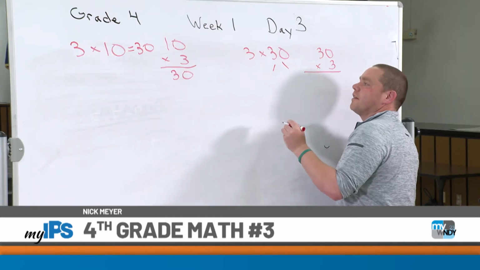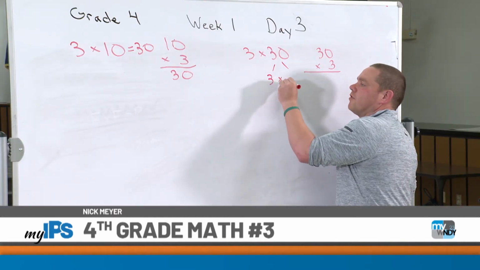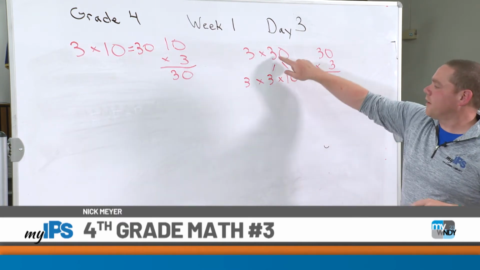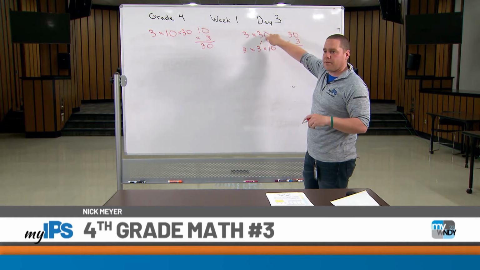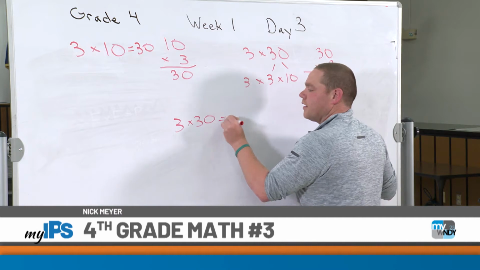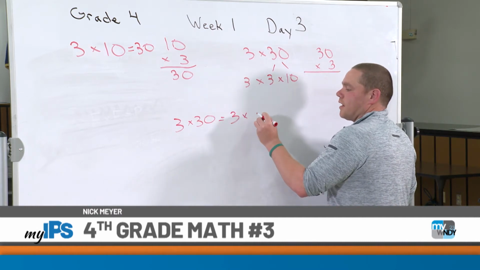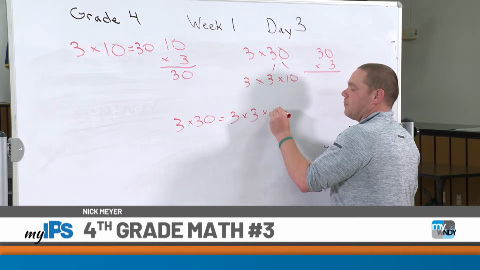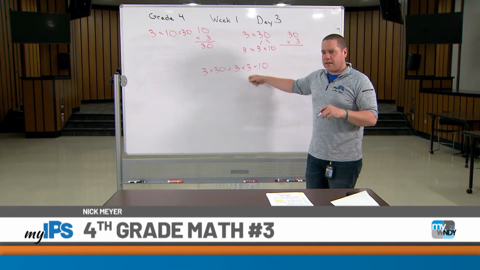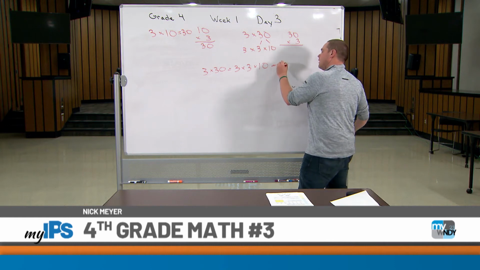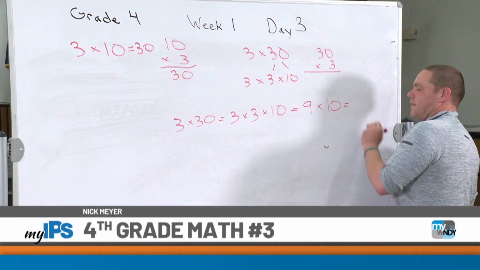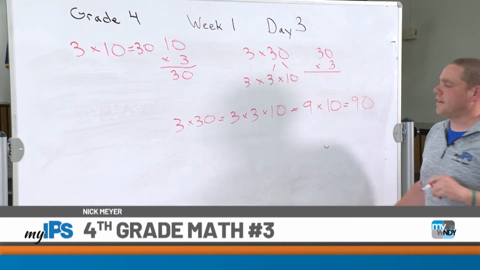Let's take 30 and let's break it apart into 3. Let's break 30 into 3 times 10. Does that still equal 30? So we're going to write this as 3 times 30 is equal to 3 times 3 times 10. 3 times 3 is 9. 9 times 10 is 90.